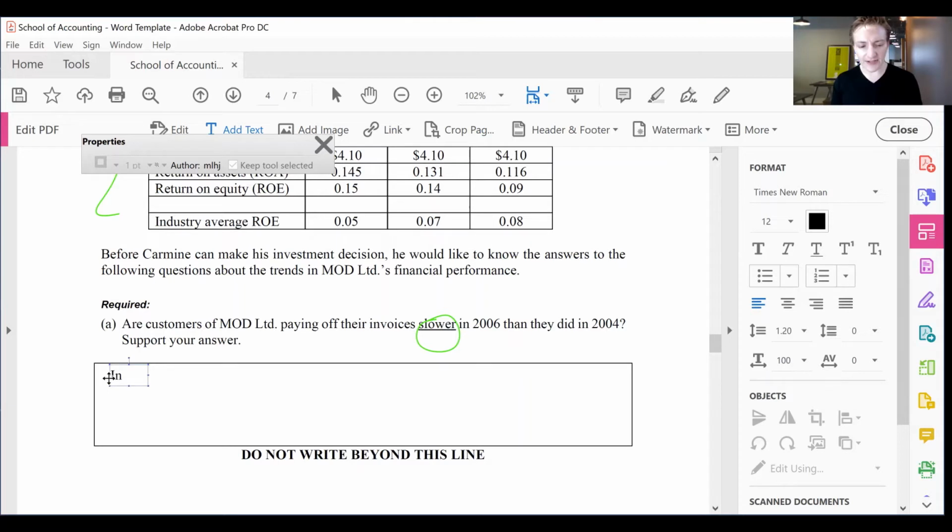So we can say here it is taking more time to recover debts. And we can support this with reflection on the debtors turnover. It has decreased from 10.5 to 7. This implies that people are paying off their invoices slower.